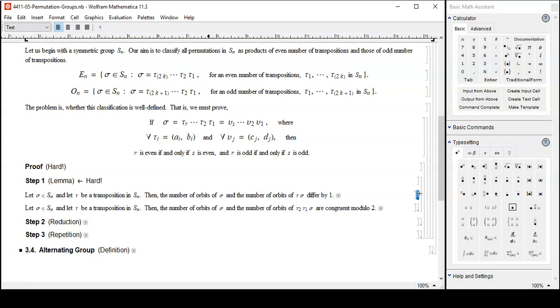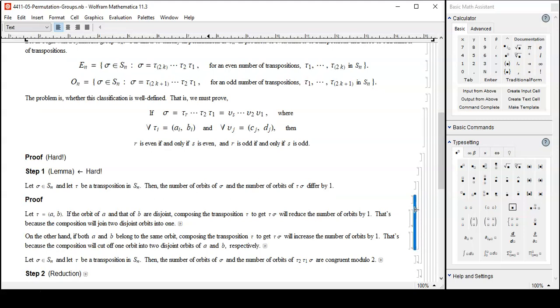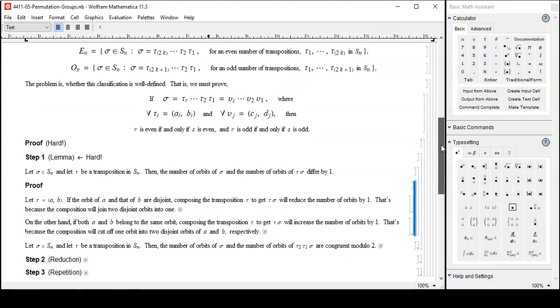But of course, you have to get this one first. How do you do that? Well, we have to consider these two cases. Let tau be (A B), and if the orbit of A and the orbit of B are disjoint under sigma, in order to avoid confusion, let me specify sigma, they're disjoint under sigma. Composing the transposition tau to get tau sigma will reduce the number of orbits by 1.